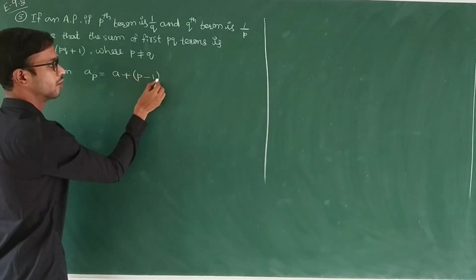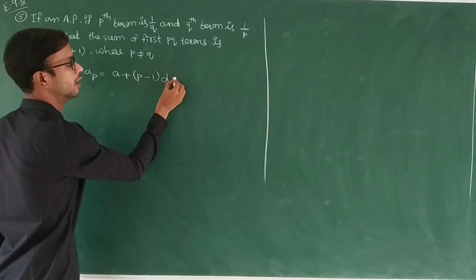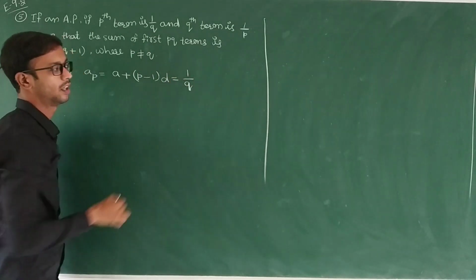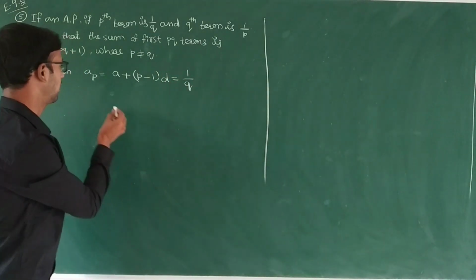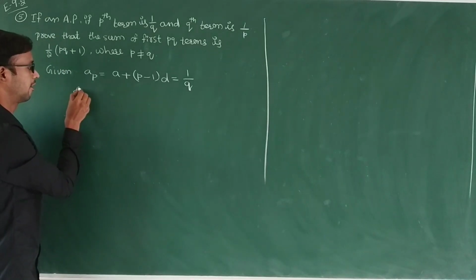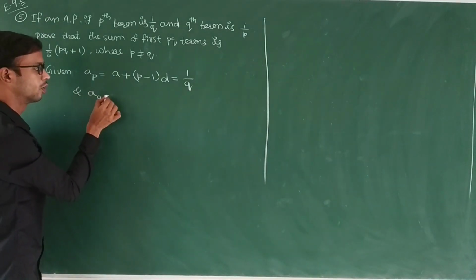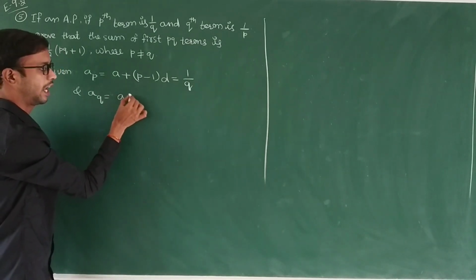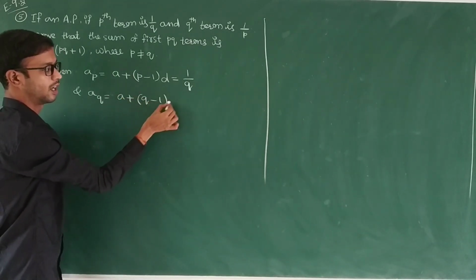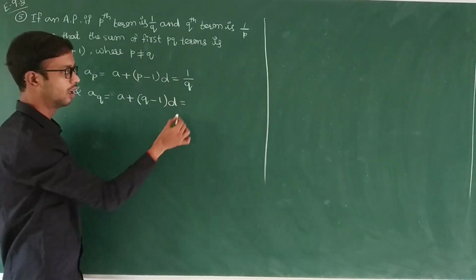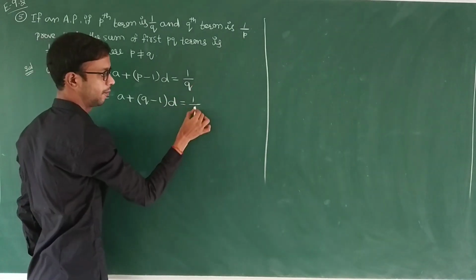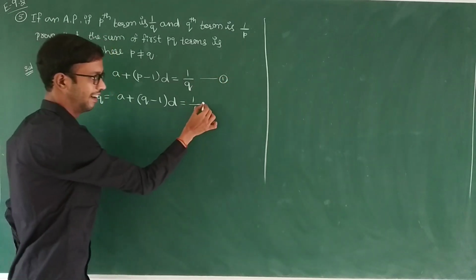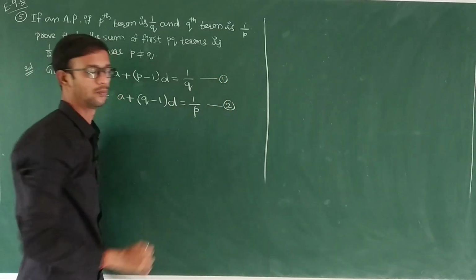So a plus (p minus 1) into D is equal to 1 by q, the pth term is 1 by q. Next, the qth term is given. So a q is equal to a plus (q minus 1) into D is equal to 1 by p. Take this one as equation 1 and this one as equation 2.